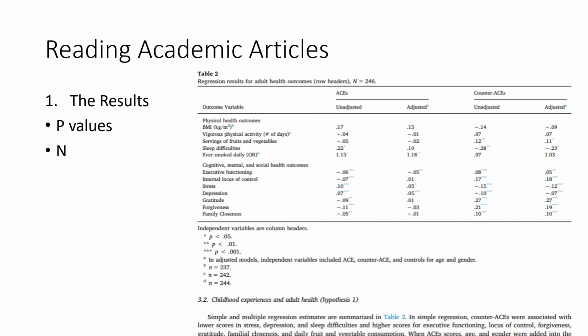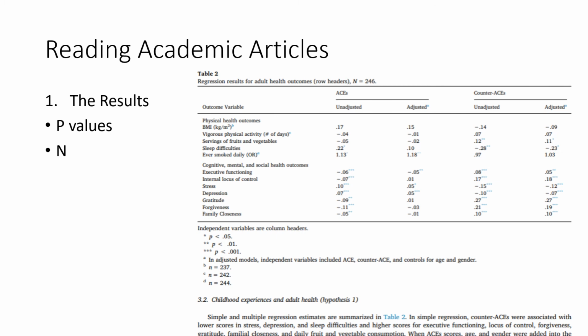For example, looking at this first number up in the top left, 0.17, that's looking at BMI and how it's related to ACEs, or adverse childhood experiences. And that number doesn't have any asterisks next to it, so that means that there probably isn't a relationship there. Any relationship that we see is probably just due to random error or random chance.